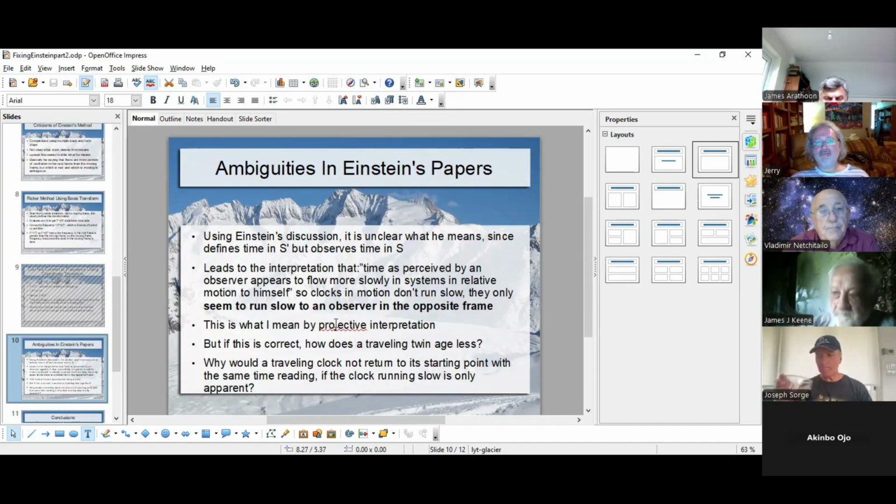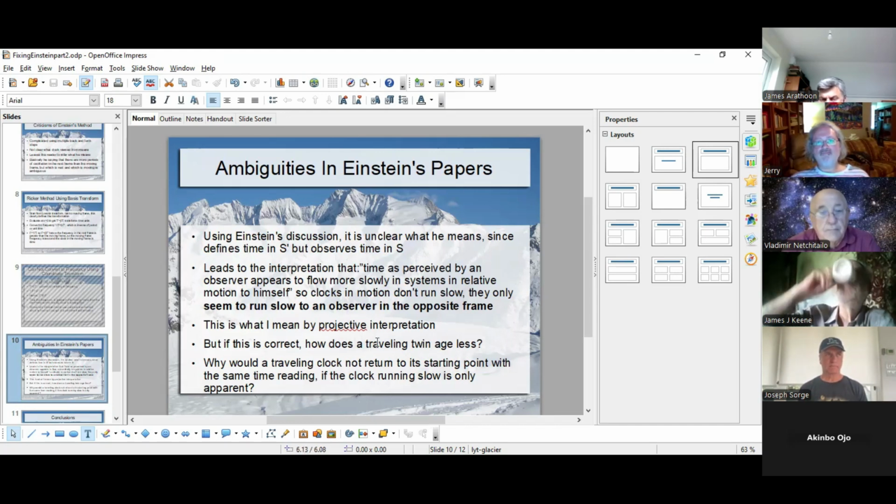I use the term projective interpretation. The reason I use projective is because that's a mathematical term. Some people say it's a function of perspective: from the perspective of the observer at rest, the moving clock appears to run slow.